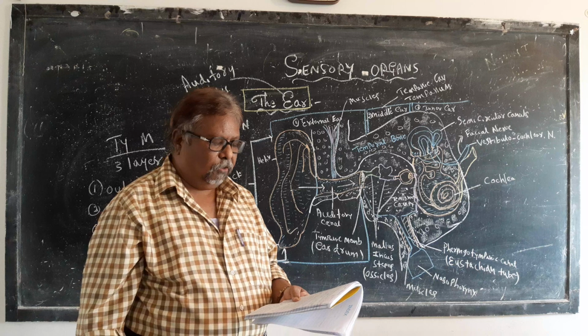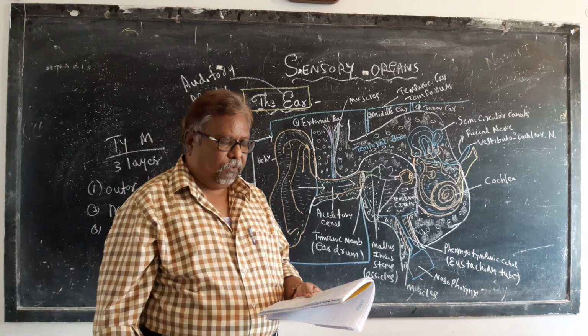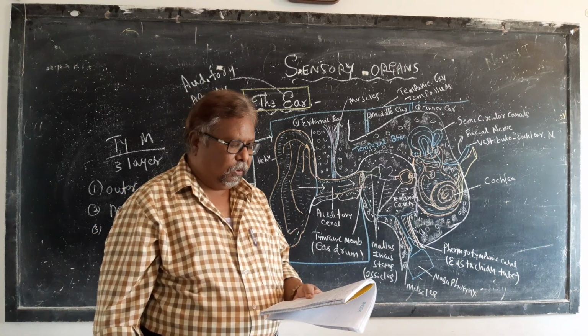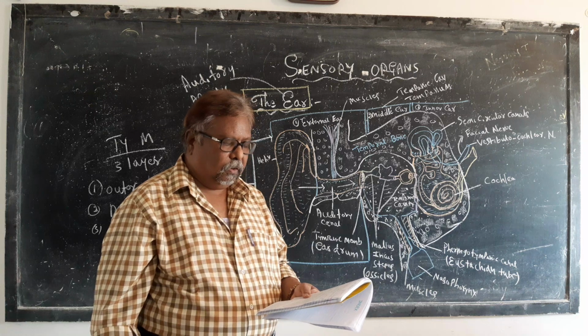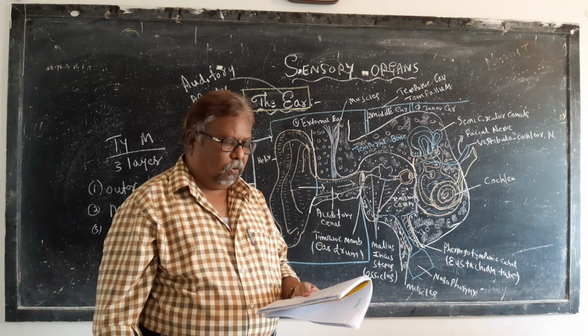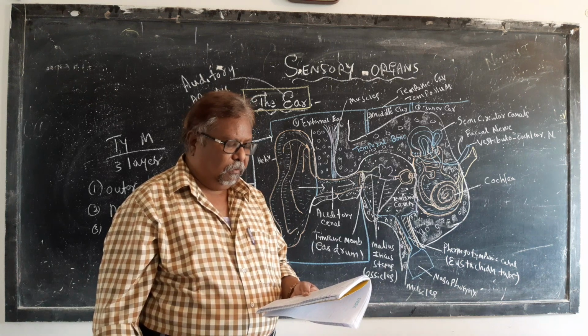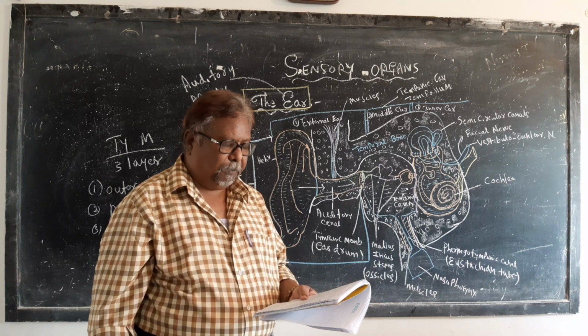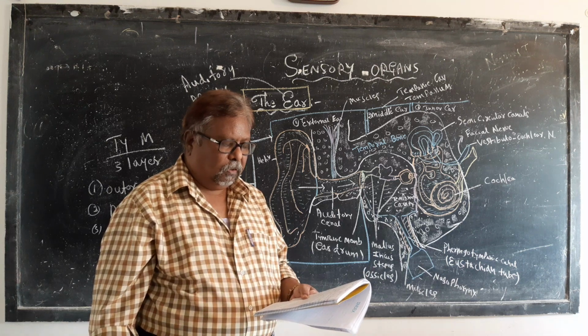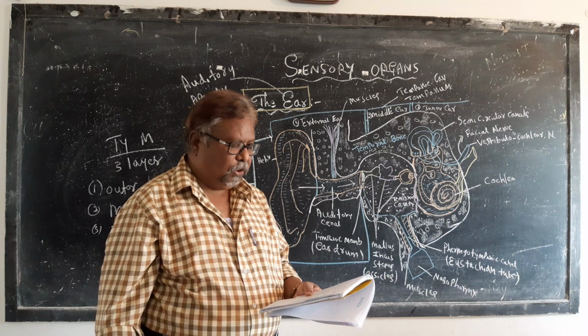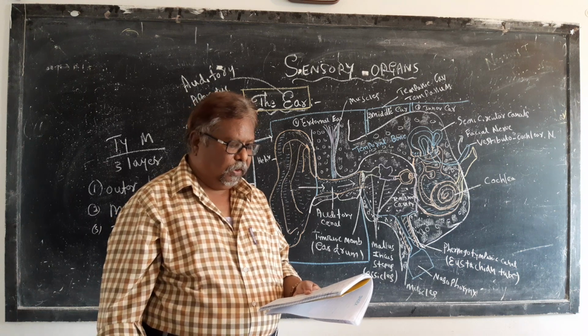The middle wall of the cavity contains the oval window, an opening closed by the plate of the stapes ossicle, which leads to the vestibule of the inner ear.